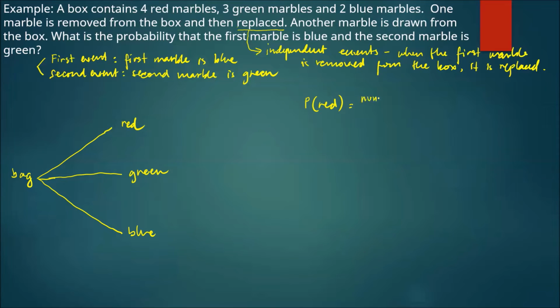That is the number of favorable outcomes all over the total number of possible outcomes.